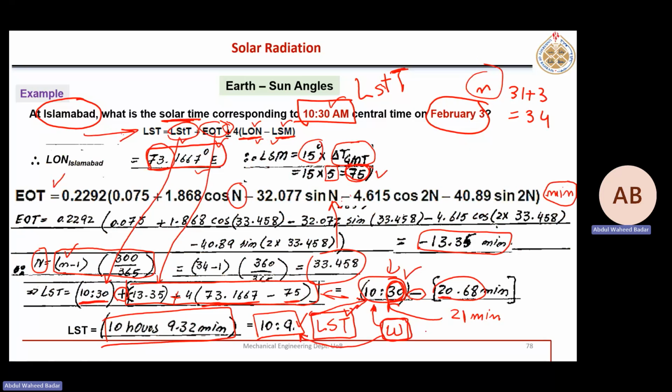Those basic solar angles which we studied: phi, latitude, declination, and hour angle. So the hour angle should be based on local solar time, which is this one, right? Which we have calculated using that equation from the local standard time.